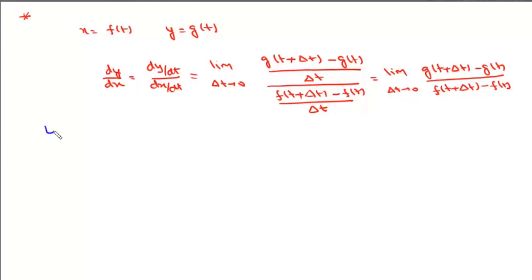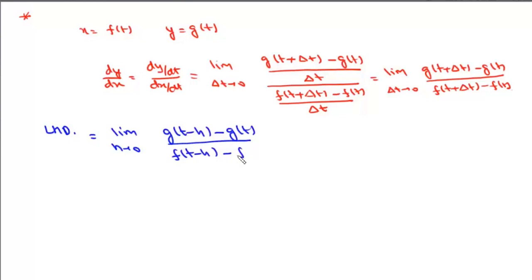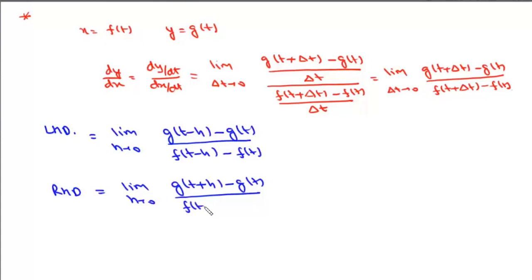So if we write, its left hand derivative will be this limit h tends to 0 g(t minus h) minus g(t) upon f(t minus h) minus f(t), and we can write its right hand derivative as this limit h tends to 0 g(t plus h) minus g(t) upon f(t plus h) minus f(t).